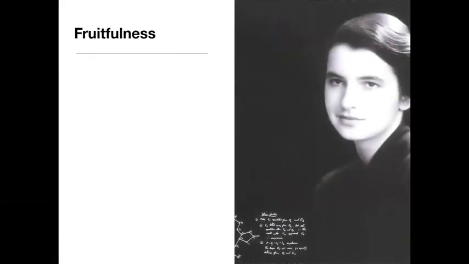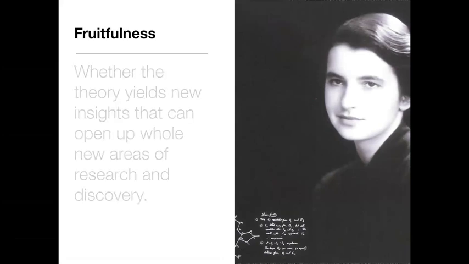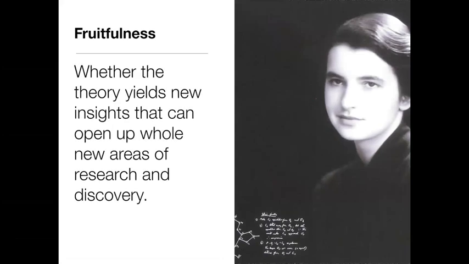Again, fruitfulness. So whether the theory yields new insights that can open up whole new areas of research and discovery. This is Rosalind Franklin. She was a chemist at Cambridge, and she had her work somewhat plagiarized from two other male scientists who took all the credit for discovering the double helix structure of DNA.